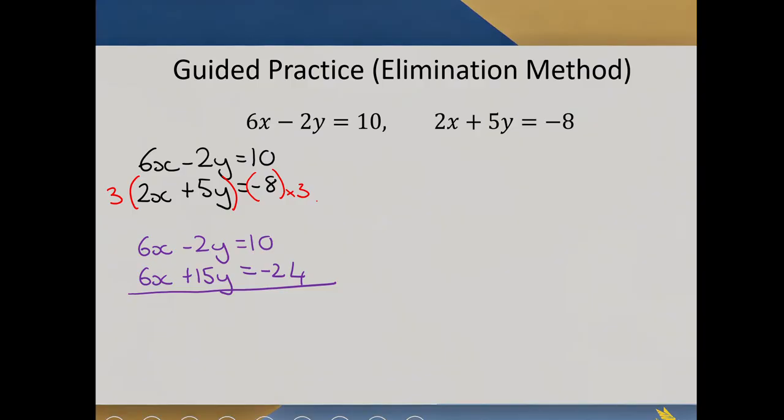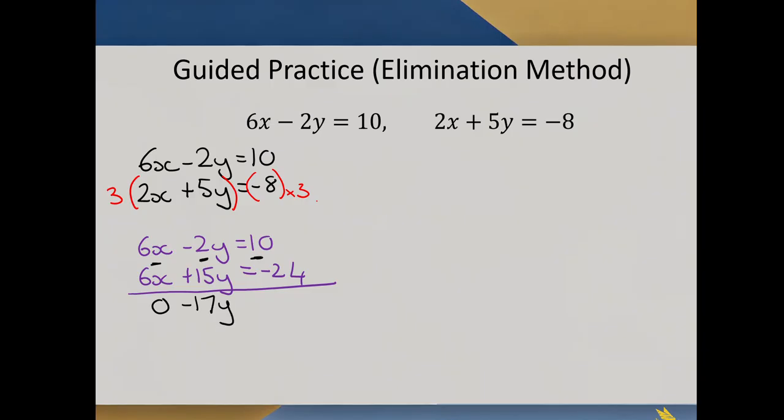Again, I'm just going to do my line, and I'm going to put my takeaway sign. Now, it could be plus or takeaway depending on the operation. In this case here, I've got negative 2y take away 15y, which will give me negative 17y, and the x's are cancelled out.